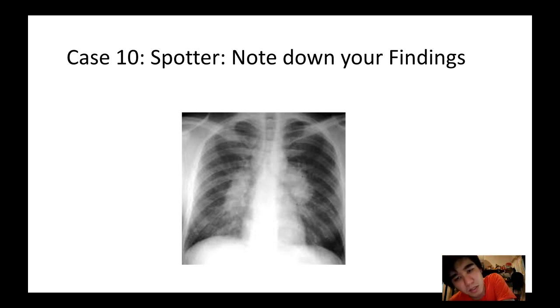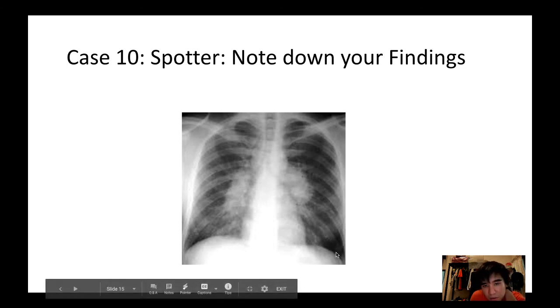Could be malignancy. Could be lymphadenopathy. What's causing this? I don't know. Could be sarcoidosis as well, though it's rare. It's a common exam thing. Oh, the clavicles don't look right here. Bones don't look right here either.